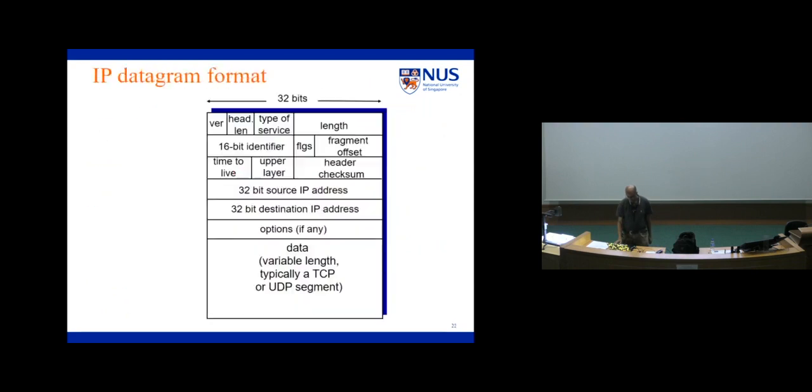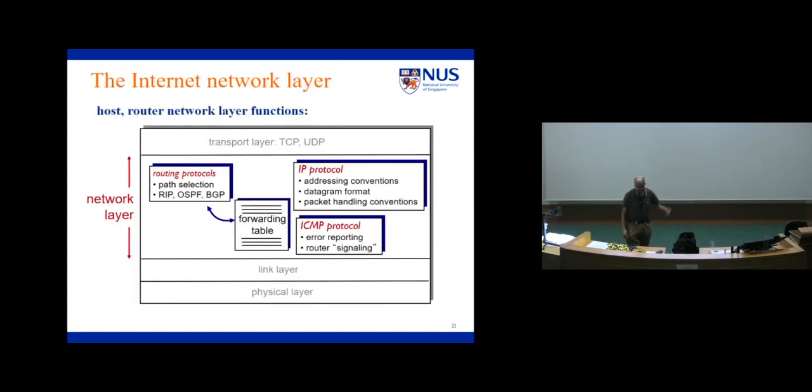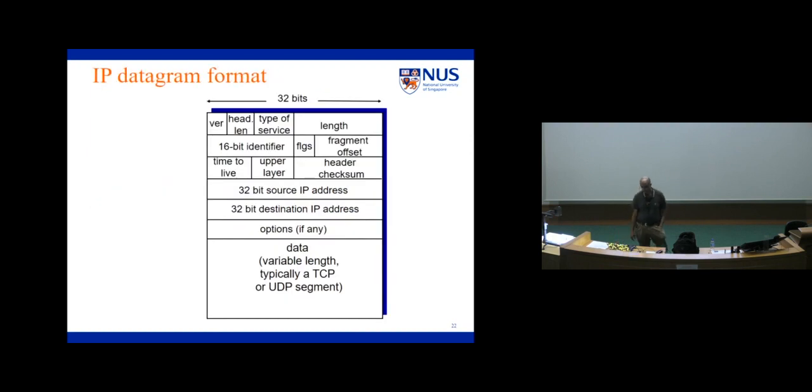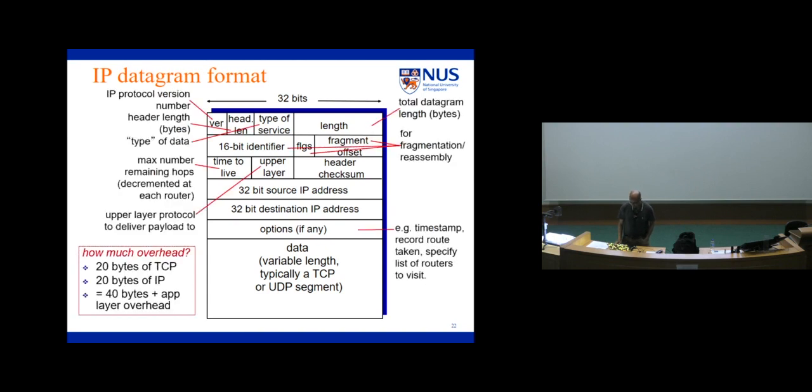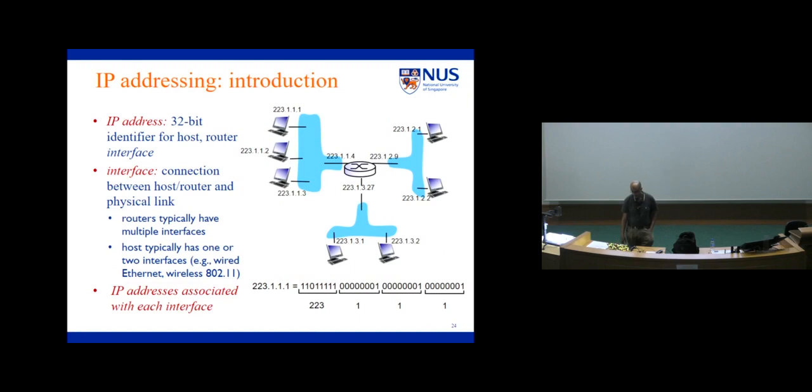Okay. All right. And in the last lecture specifically, we looked at different network layer protocols, and we focused mainly on IP, and we looked at the format of an IP packet, what the different headers mean, and then we got into IP addressing.